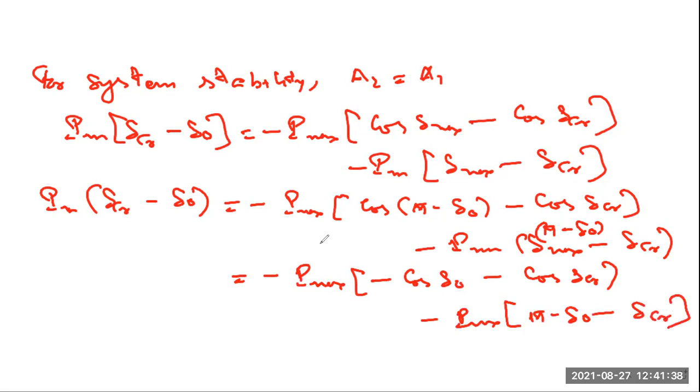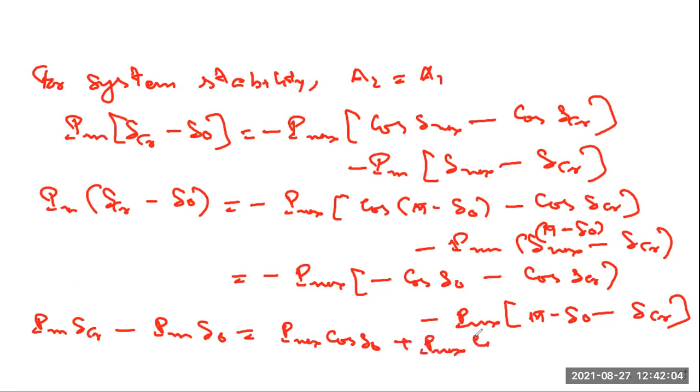Okay. So from here you see this will cancel. So this will be PM delta CR minus PM delta 0. This will be plus P max cos delta 0 plus P max cos delta CR.